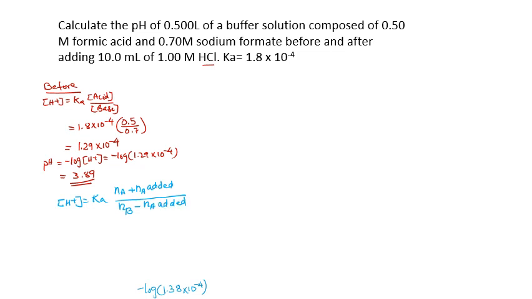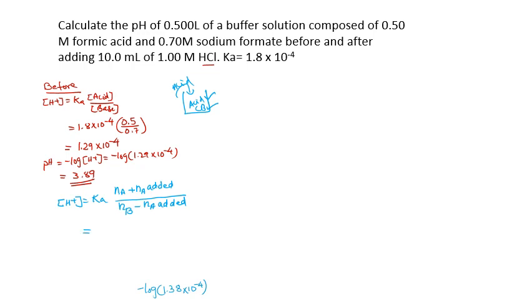So that makes sense, right? Because we are adding to the solution, where there is already acid and conjugate base. Adding acid means we have more acid in the solution, and some of the conjugate base will get neutralized by the acid. That's why we are subtracting from the base and adding to the acid. That's the reason for that.